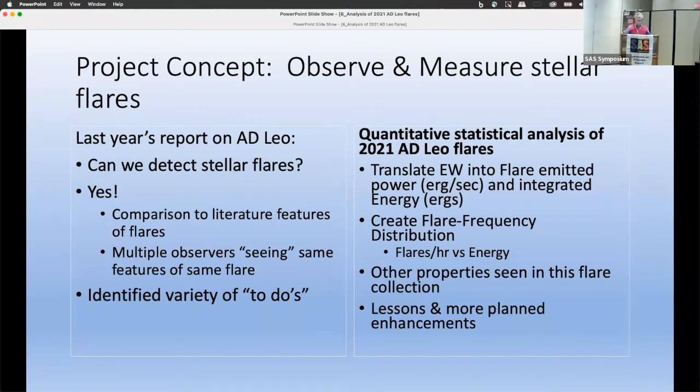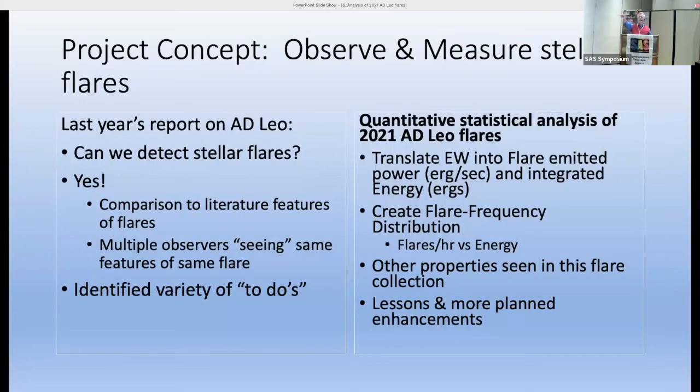I'm going to describe how we translate equivalent width into flare energy, and how you take the flare energy of each individual flare and create what's called a flare frequency distribution, which will answer part of Mike's question about how many flares per hour at different energies. I'll show some of the other properties that we observed in this flare collection, and then some lessons that we've learned and some enhancements that still need to be made in what we've done.